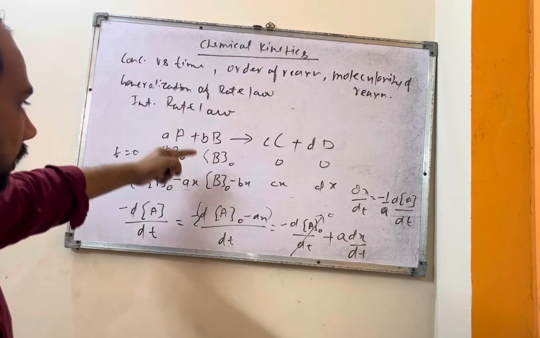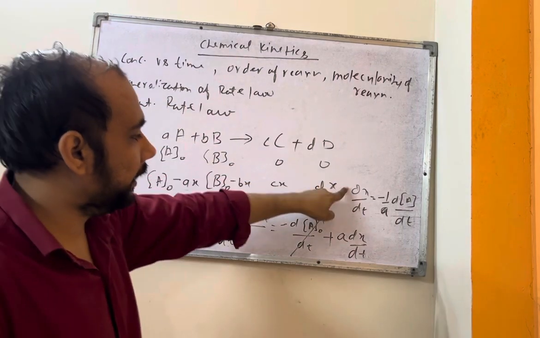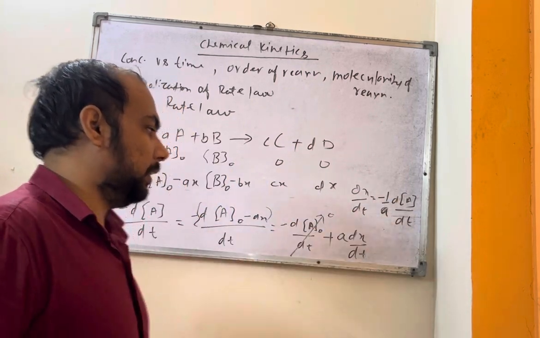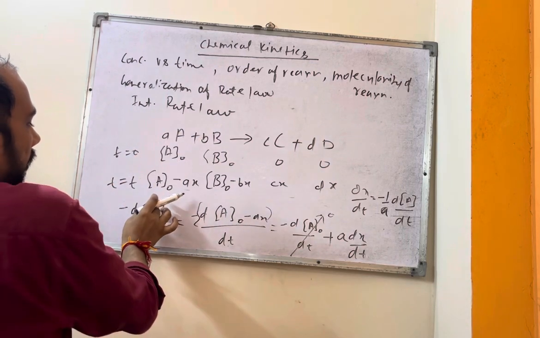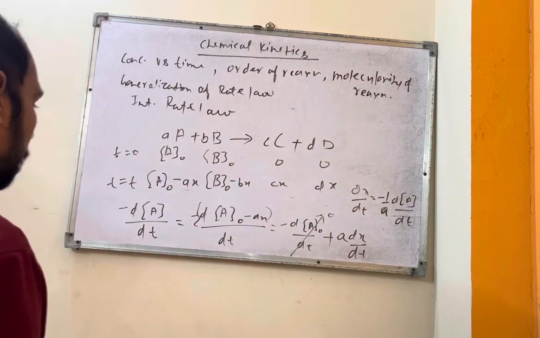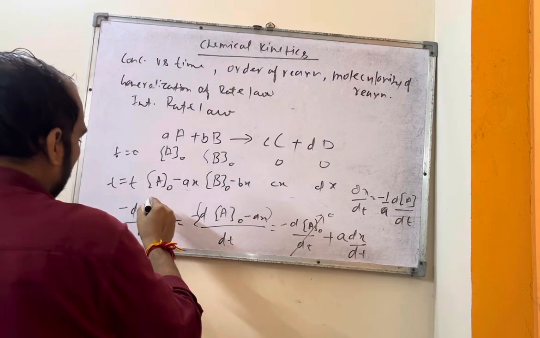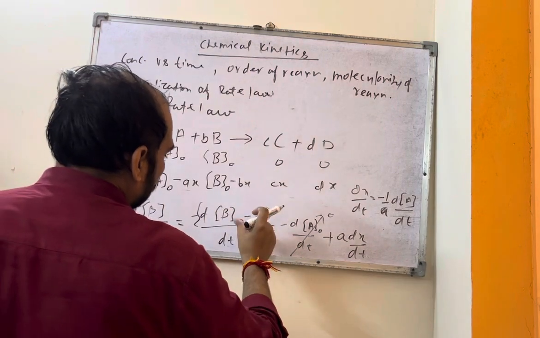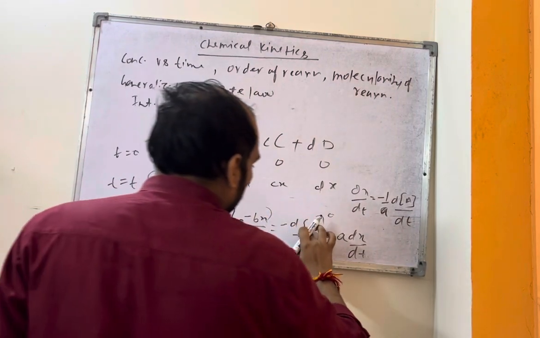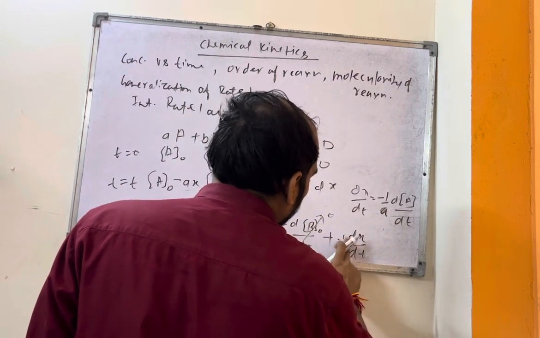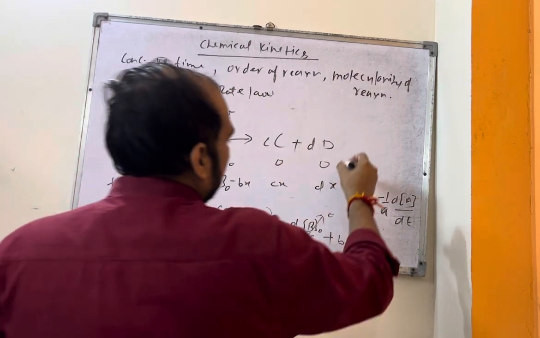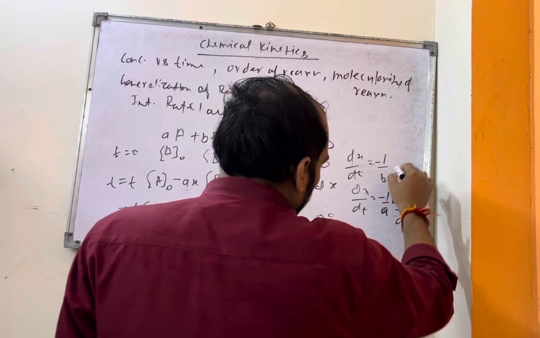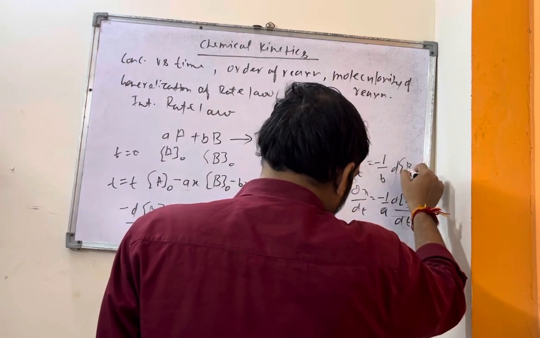Similarly, in the same format, for B, dx by dt is equal to minus 1 by b dB by dt.